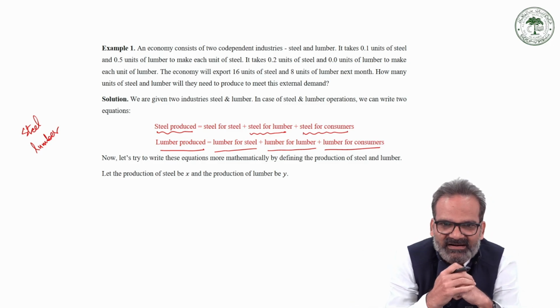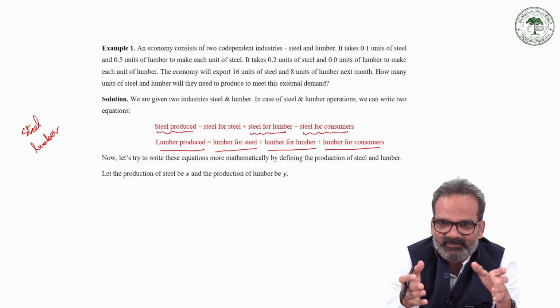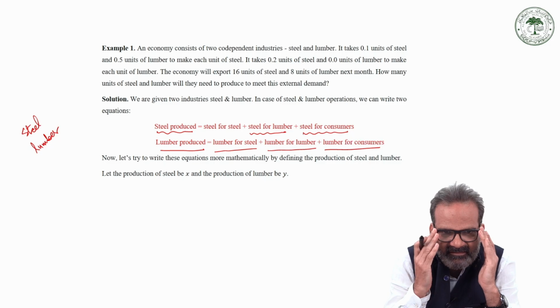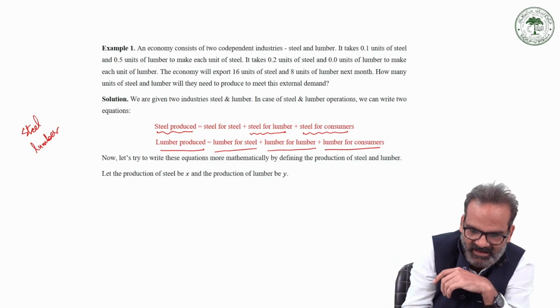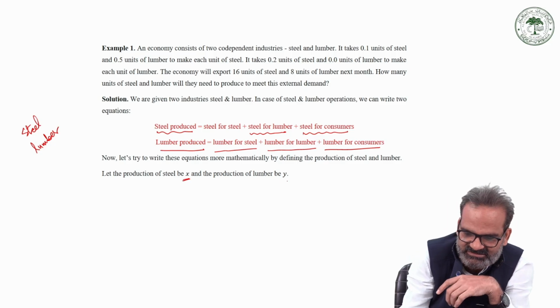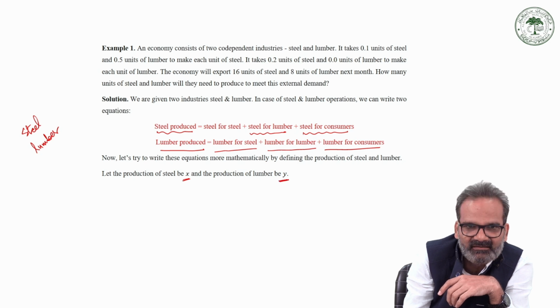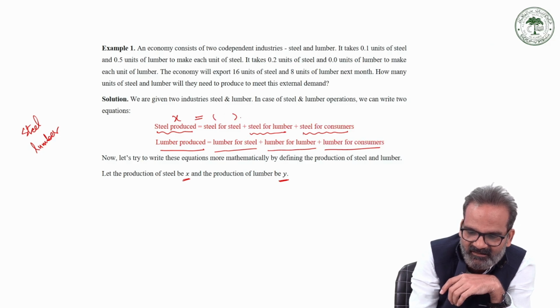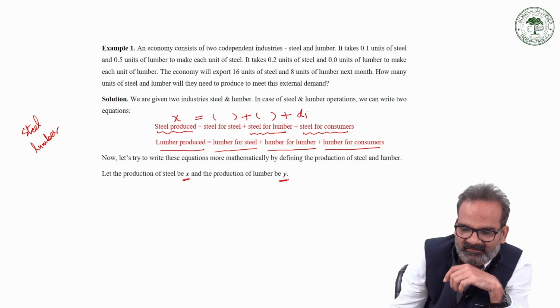Now let's write these equations more mathematically by defining the production of steel and lumber. Let the production of steel be X, and the production of lumber be Y. Now we are forming the formal equations. So X equals steel required for the steel plus steel required for the lumber plus the demand D1.